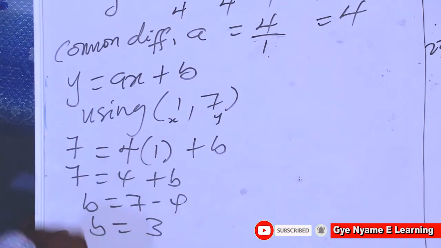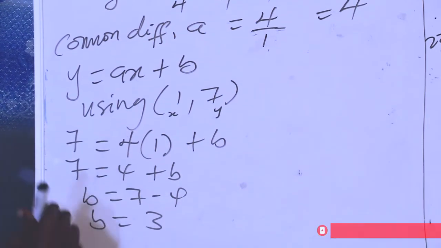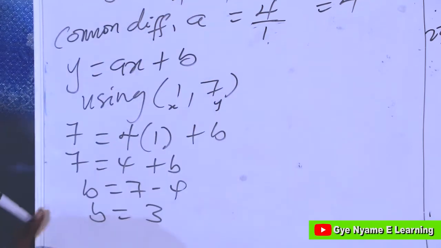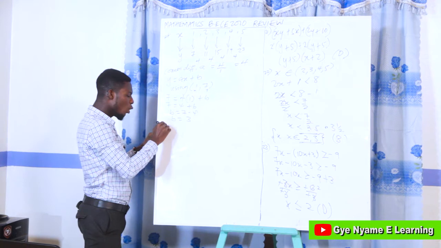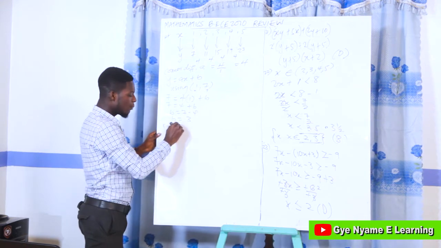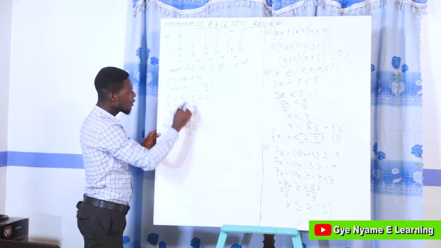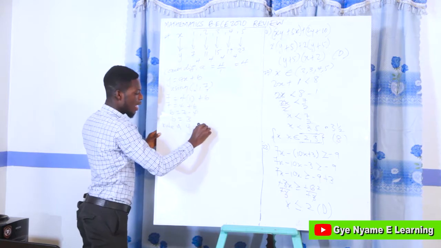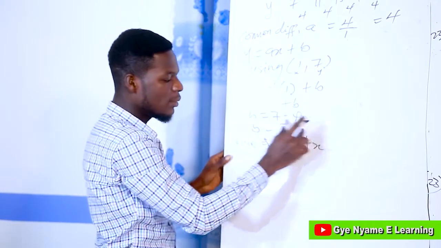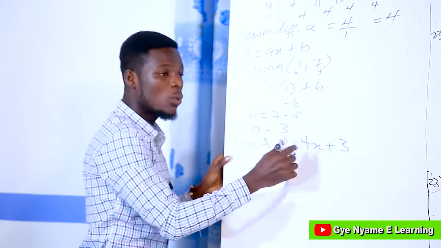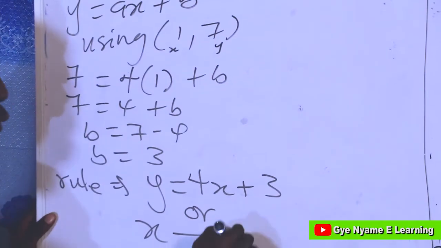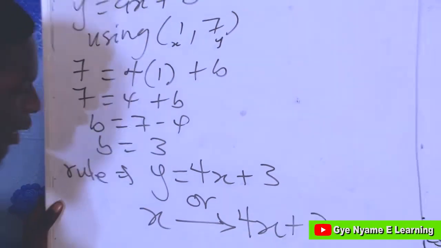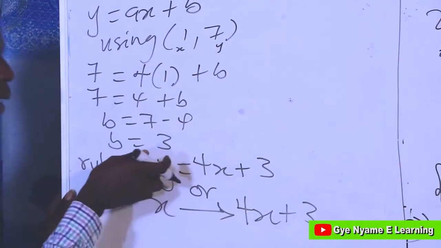Then now you rewrite the general equation or the general function, now substituting your a and your b. So now the rule of the mapping becomes y equals a is 4, x plus b. What is b? 3. So this is your rule. This rule is also written as x maps to 4x plus 3, so that this one becomes your y.